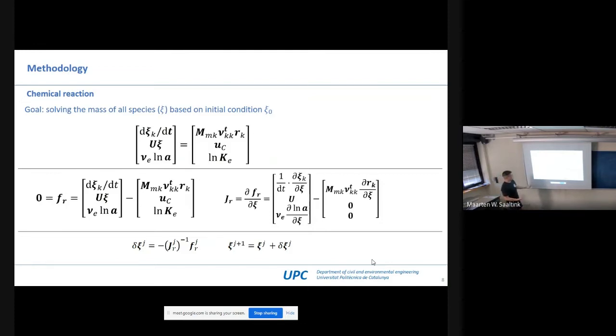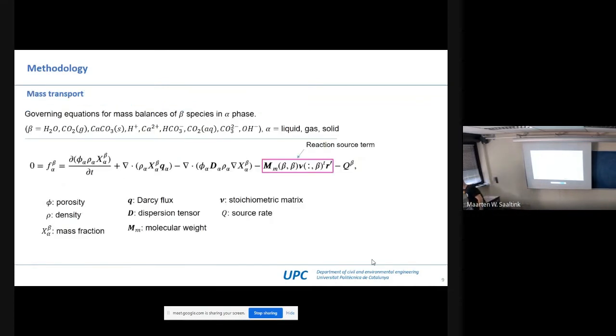Now we go to transport. The key is how to combine transport and reaction. We first split them and then we combine them. I think everyone will know this. This is the transport of one species.